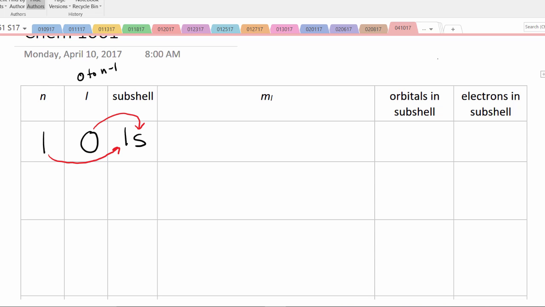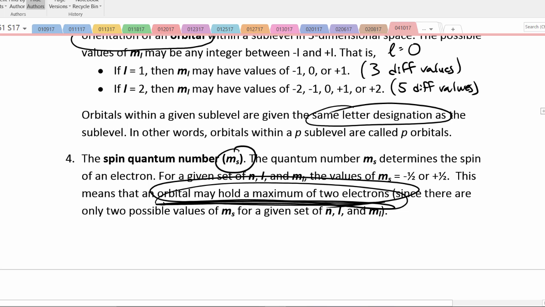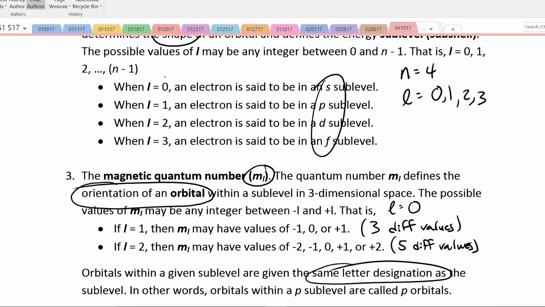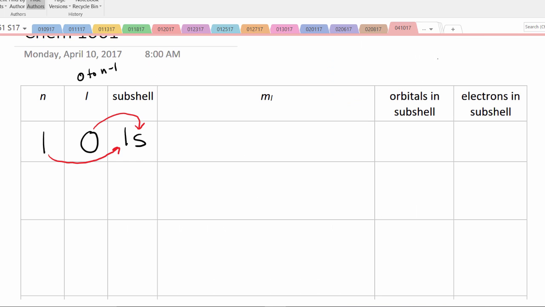We get that because when we come back here, we said that when L is equal to 0, we are then in an S subshell. Then let's remember that M sub L can go anywhere between negative L up to positive L. What is the only value we can have here for M sub L in this case?